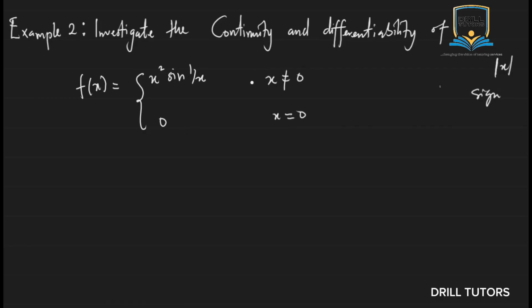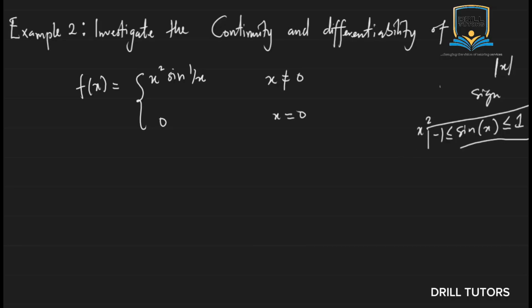But this time around, we have critically x squared, which is a non-negative value. I'm sure you agree with me that x squared is non-negative. And then you have sine, which is a trig function. We all know that the sine of any x lies between +1 and -1.